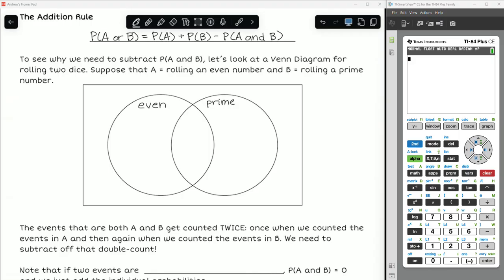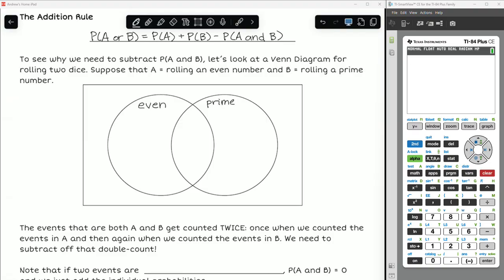I know that rolling a six-sided die, my options are the numbers 1 through 6. So I need to place those numbers where they go. I'm going to go down my list, 1 through 6.